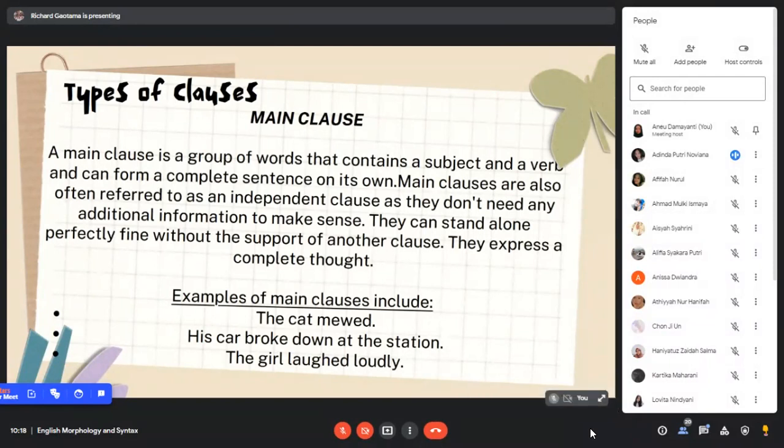And when there is only one main clause and another different type of clause, the second clause depends on the main clause to make sense. Okay, next slide, please.